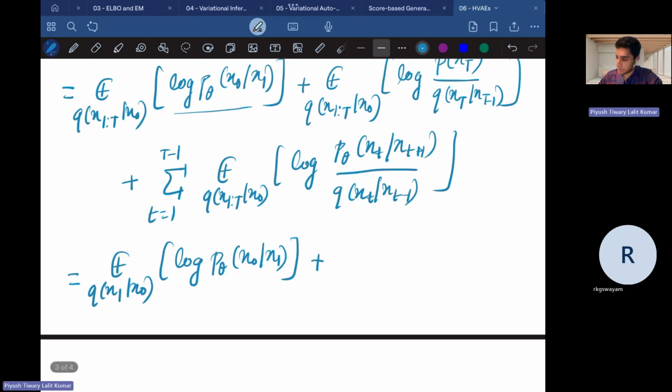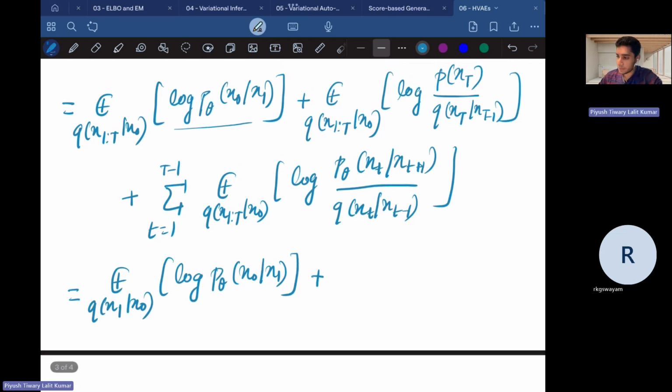Similarly, the second term here only depends on xt and xt minus 1, so you can do something like q of xt comma xt minus 1 given x naught, and the other things are irrelevant.